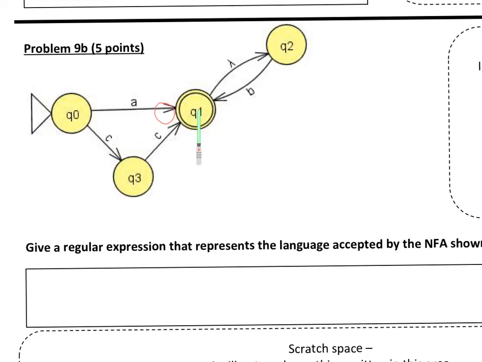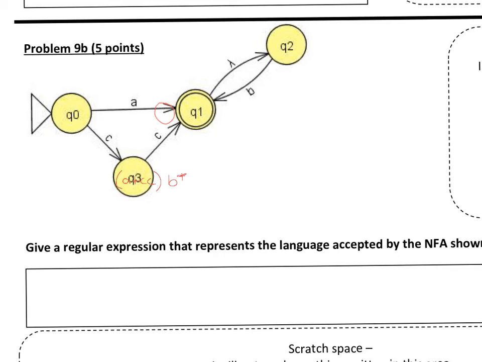And then after that, we can add as many B's as we want, right? So we could write this by saying, all right, I'm going to start with an A or a CC. And then I'll have 0 or more B's. So B star. And that looks pretty good.